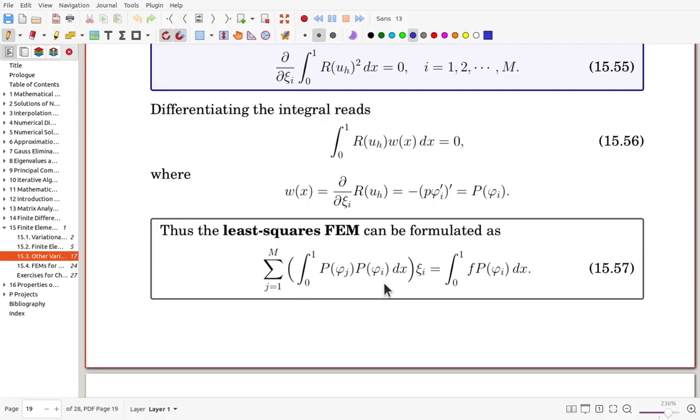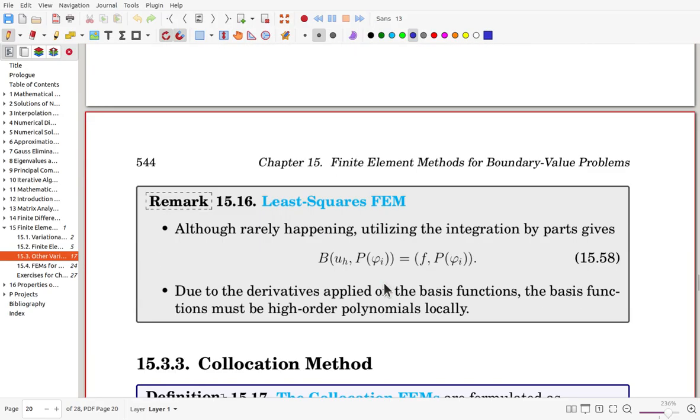Not often happening. However, anyway, once we are using integration by parts, then we can reach at this formula, which means that now the weight is using this whole thing and along with differentiation. So rather than the basis function as in the collocation method, the weight function is way more complicated.